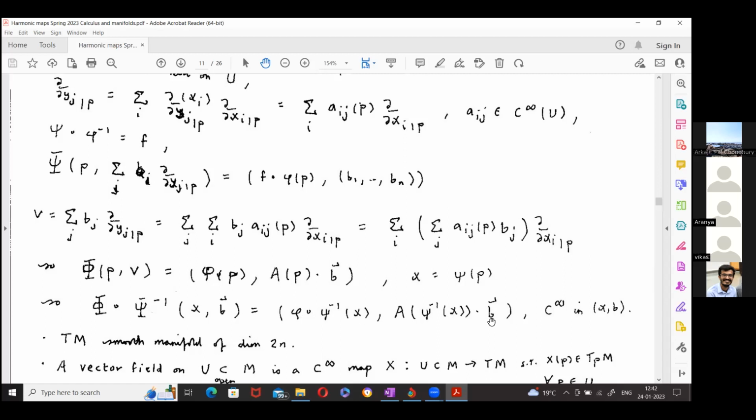So this is a map from R2n to R2n. And the first n coordinates are a smooth function of x, phi composed with psi inverse of x. And the last n coordinates are a smooth function of x and b, because this matrix A is a smooth matrix-valued function, right? Is this clear?